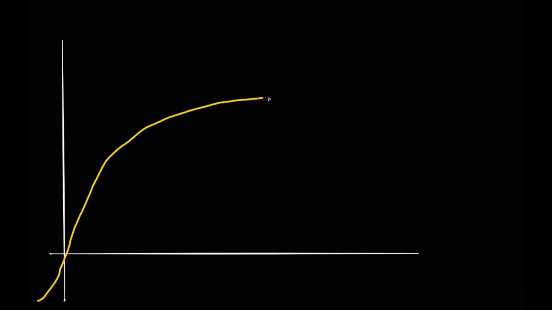So let's say I had an XY plane. Nothing crazy, just an XY plane. And we had a function running through this plane like that, and it goes off in that direction indefinitely.